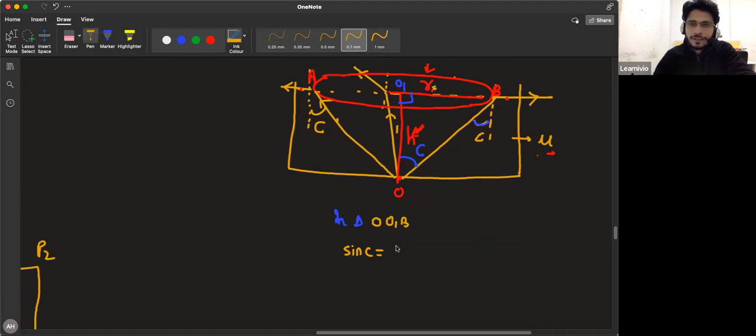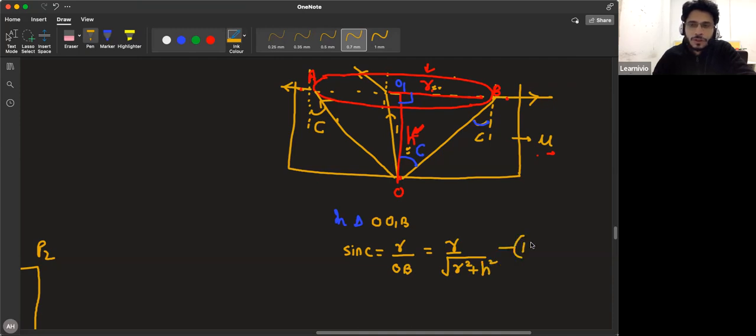So you can write that sine C is R divided by OB. Since OB is the hypotenuse of this triangle, using Pythagoras theorem, OB is the square root of O1 square plus O1B square, or OB is root over H square plus R square. That's my first equation.